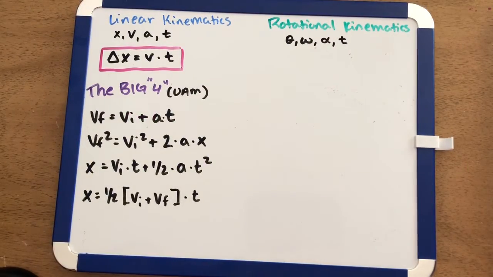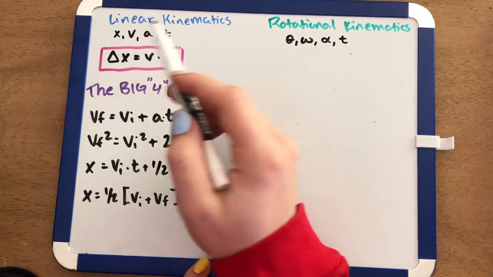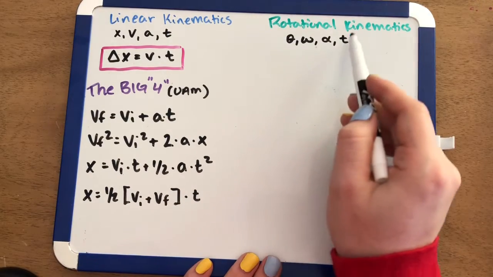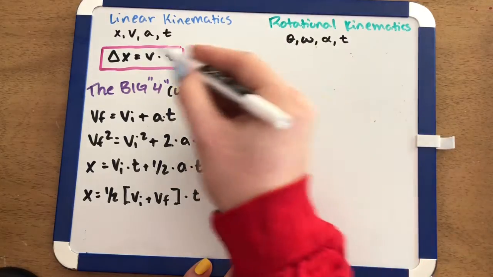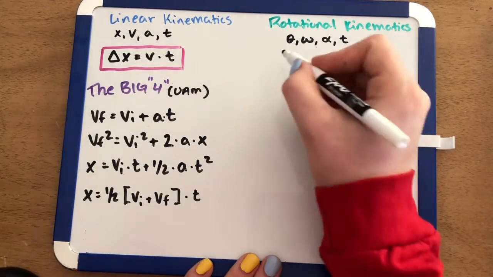So let's see the side-by-side comparison from linear kinematics to rotational kinematics. I'm going to be using our units for rotational kinematics, and I'm going to just be plugging them in for the equations.